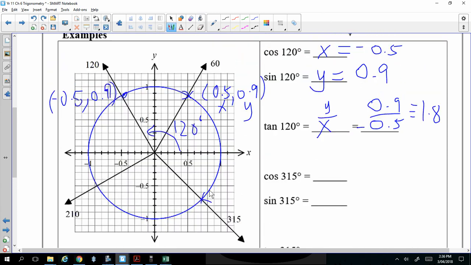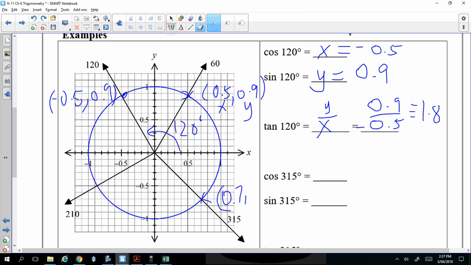All right. 315. So what's the corner of that point? It will be 0.7, comma, negative 0.7. Okay, good. Right, so what's cos again? It's X. X is 0.7.